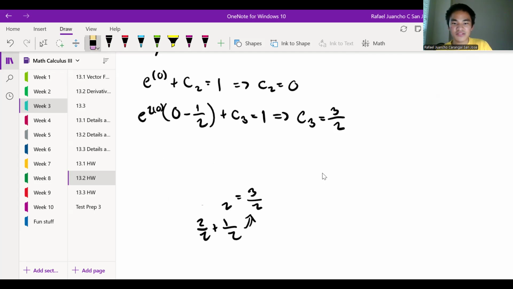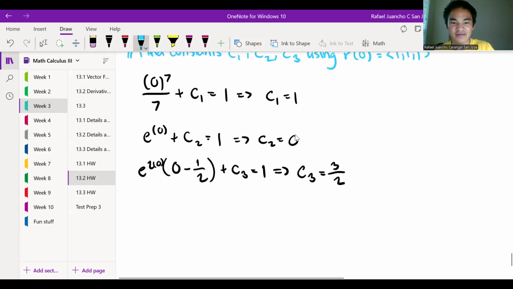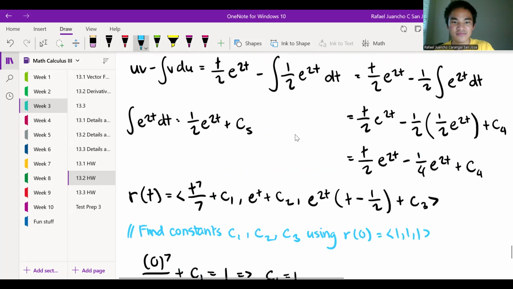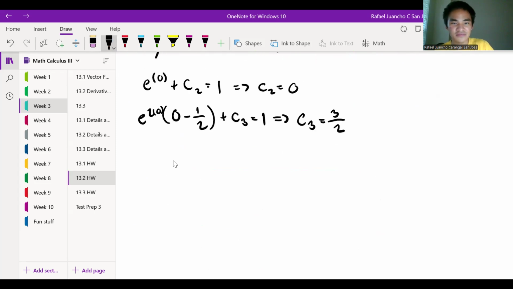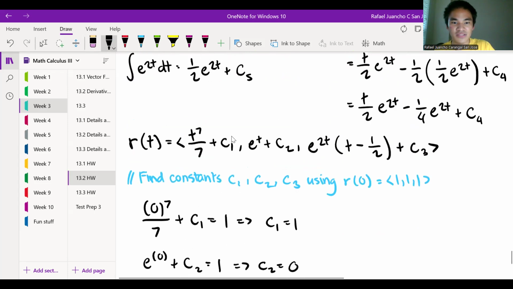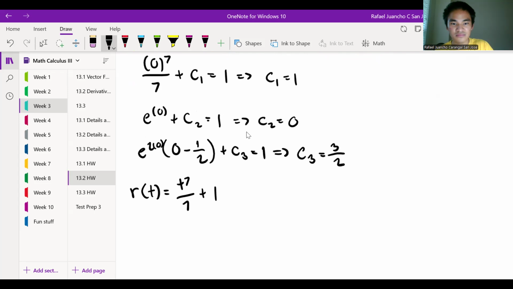So yeah, this is more calculus 2 stuff. Very, very long computations. So now from here we can find our position vector function. So we have r of t, which was t to the 7th over 7 plus c1. My c1 is 1. Oh, I forgot to add the arrows.